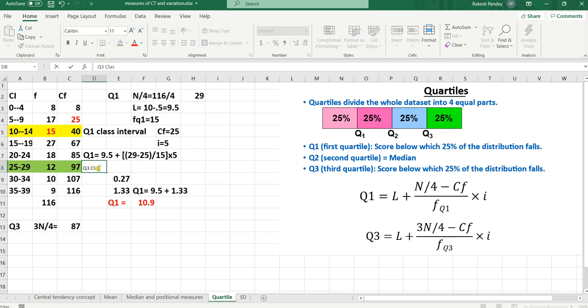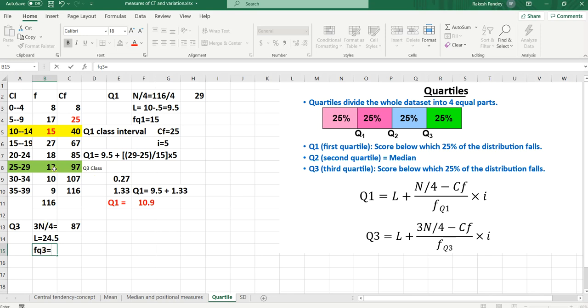Once we have located the Q3 class, you all now know very well that we need to compute the same things as we did for the median or first quartile. The first thing is the exact lower limit. Exact lower limit is 25 minus 0.5, so it is 24.5. Then another thing we will require is FQ3, the frequency of the third quartile class interval.